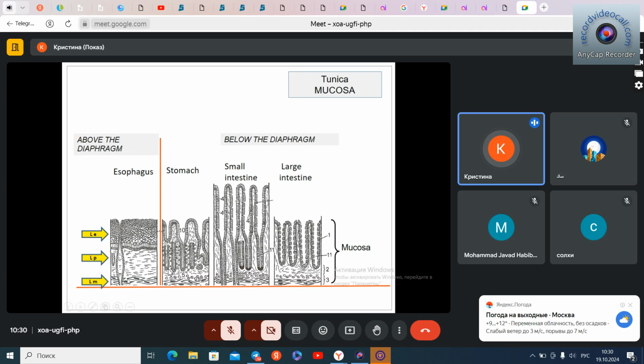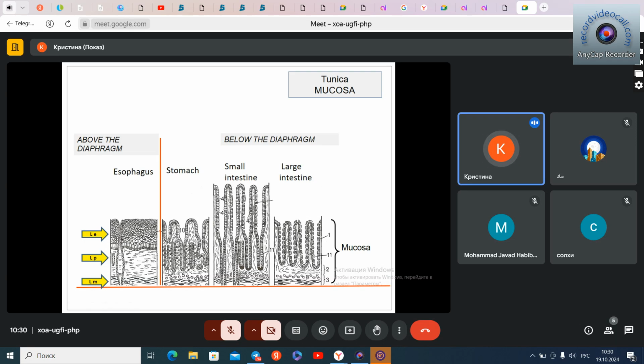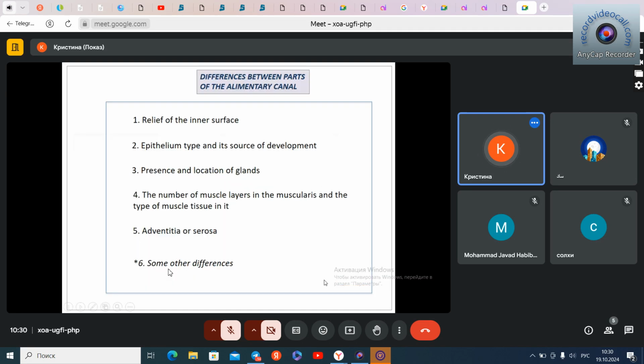But the function of the lamina muscularis mucosa is not the propulsion of food, but is to change and maintain the shape of the tunica mucosa. If tunica mucosa forms some folds or some other elements of changing shape, it is because of the lamina muscularis.